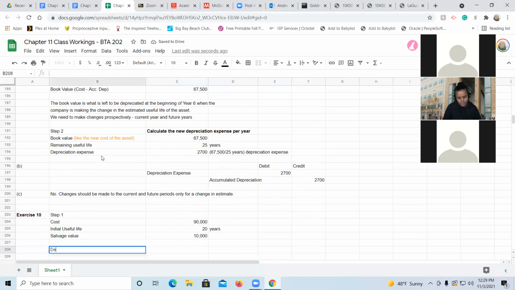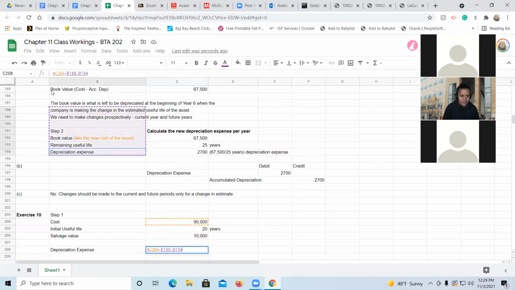Your depreciation expense is going to drop because you have to subtract the salvage value from the cost before you allocate the depreciation. So you're going to say 90,000 minus the 10,000 salvage value.